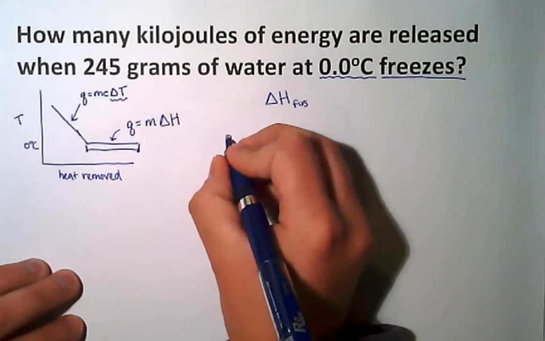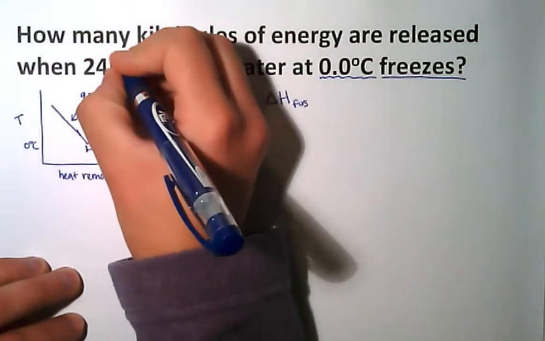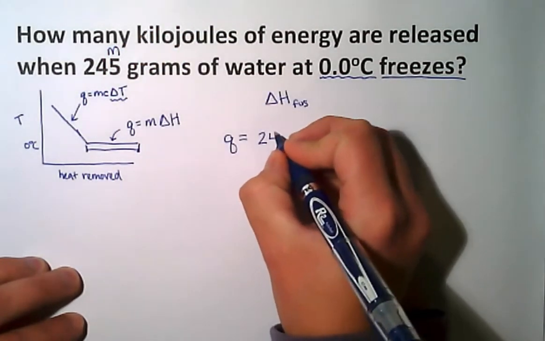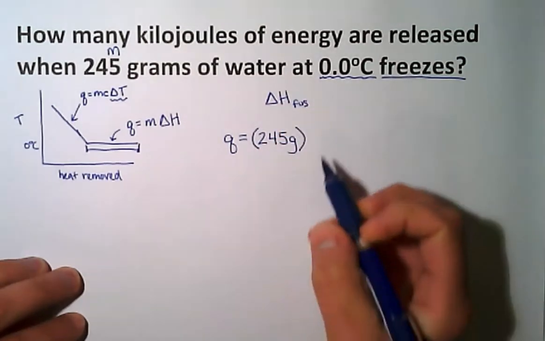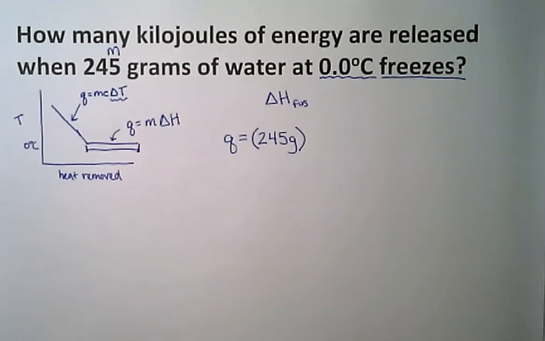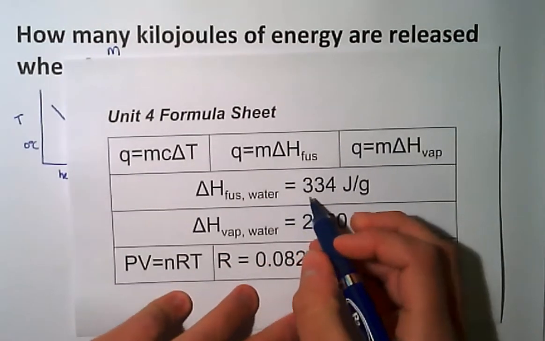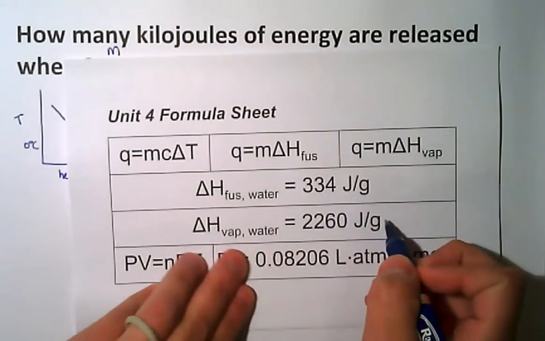So let's see, Q equals the mass, m, which is 245 grams. It's given in the problem, 245 grams, times our delta H of fusion value, which for water is on your Unit 4 formula sheet, and it's 334 joules per gram.